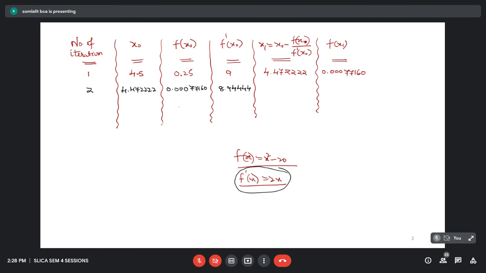What is f dash x? 8.9444. Close the bracket, equals to. How much are you getting? Anybody? How much are you getting if you place all these values in the formula of x1?